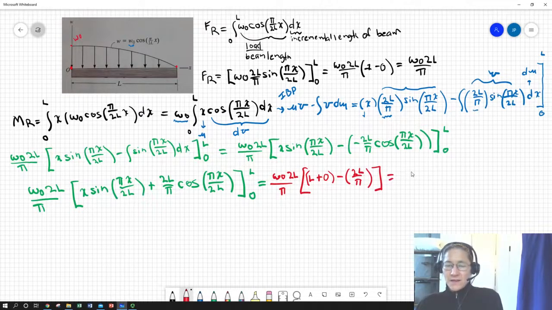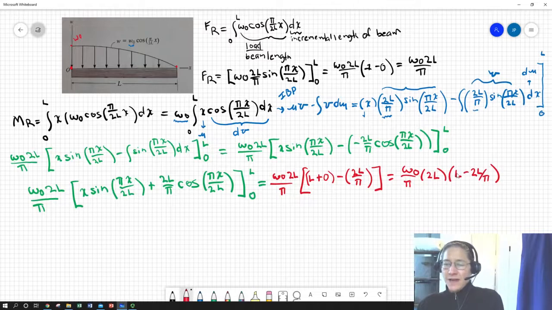So I can rewrite this yet again. We end up with a little bit of a complicated term that may not have a lot of intuitive meaning: L minus 2L over pi. But we can rearrange some terms.